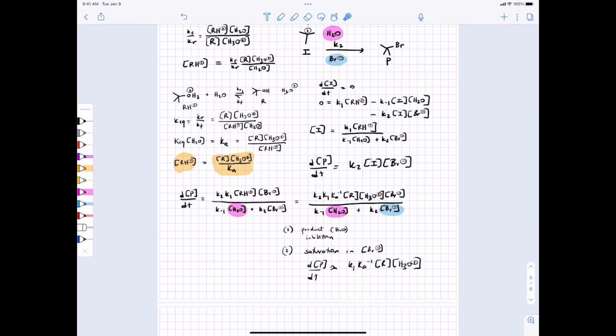We see that the reaction depends on the concentration of water, of hydronium, and the concentration of alcohol no matter what. And then if the concentration of Br minus is large enough, then the reaction is zero order in Br minus.